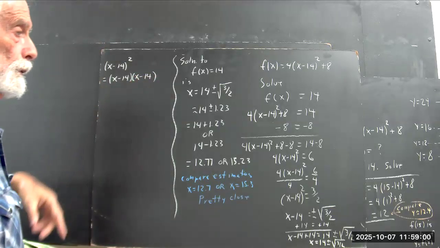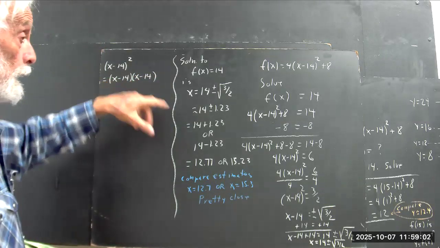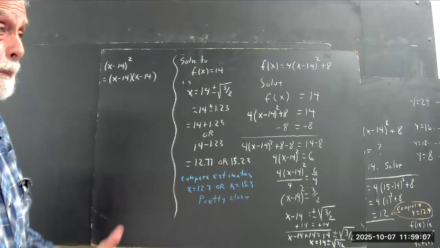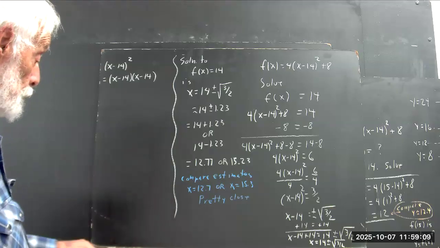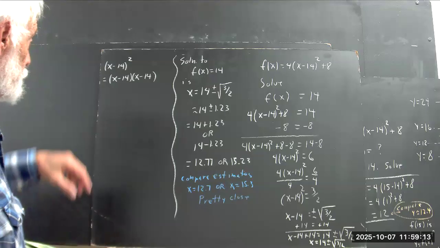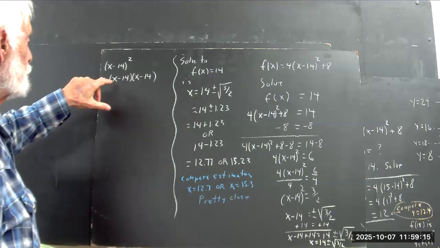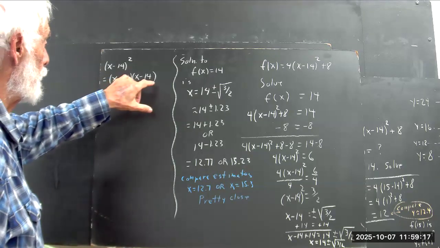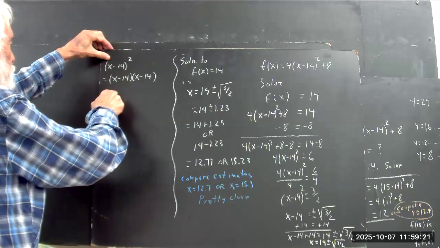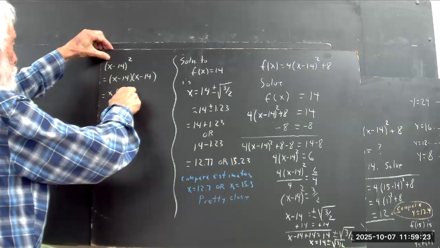x minus 14 squared is x minus 14 times x minus 14. And we have this thing called the distributive law, which everybody should be familiar with, at least in their memory at some point. It says, okay, if I multiply x minus 14 by this thing, that means I've got to multiply x by this.